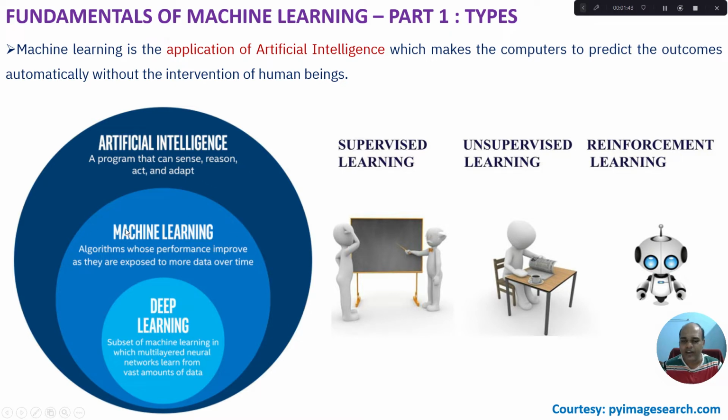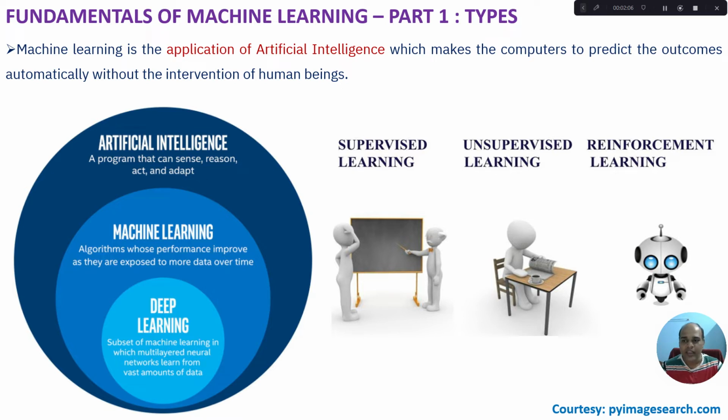So in machine learning, the computer is going to execute an algorithm whose performance gets improved as it is exposed to more and more data. As the algorithm is exposed to more and more data, it tries to learn different patterns, different associations between the data.